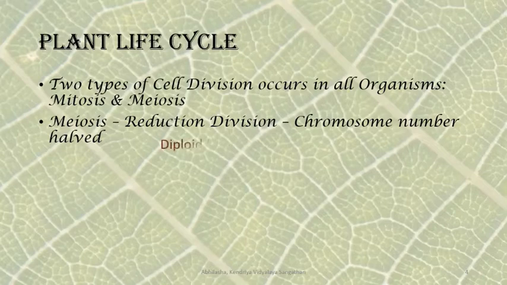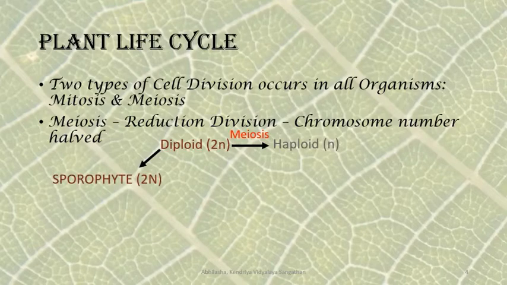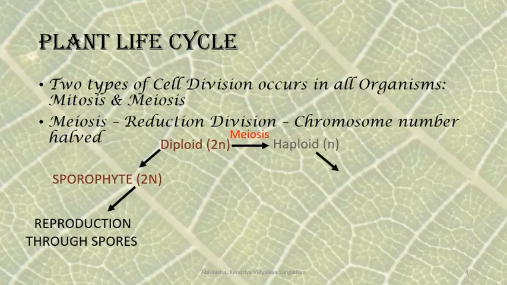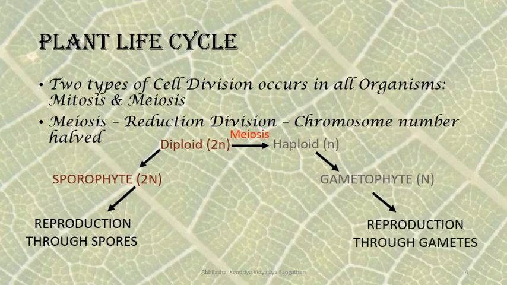Now in a plant, there are two life forms, diploid and haploid. The haploid is formed after meiosis from the diploid form. Now this diploid form is known as sporophyte, which reproduces through spores, and the haploid form is known as gametophyte, which reproduces through gametes.